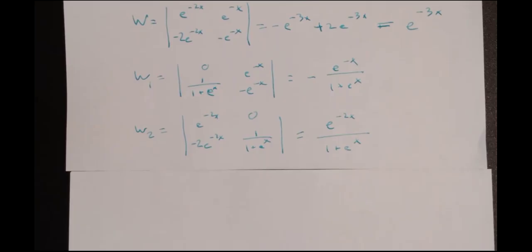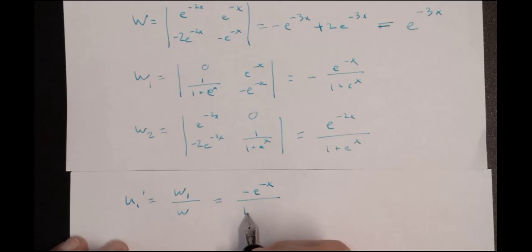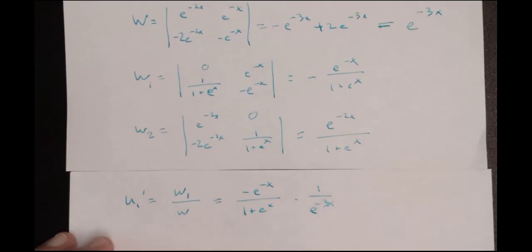Here's the disgusting part. U1 prime is W1 over W. So that's minus e to the -x over 1 plus e to the x times 1 over e to the -3x. I wrote it as W1 times 1 over W. Ew.